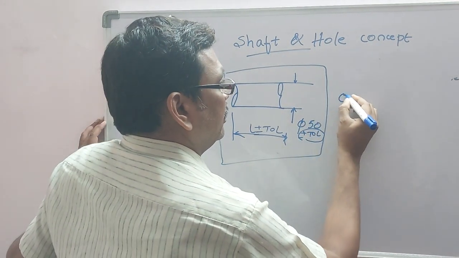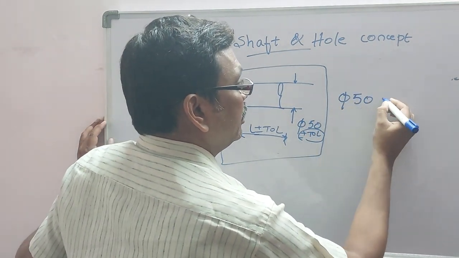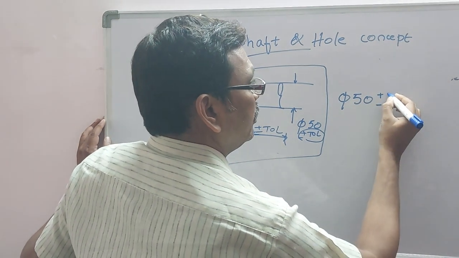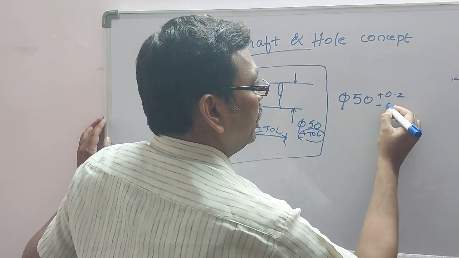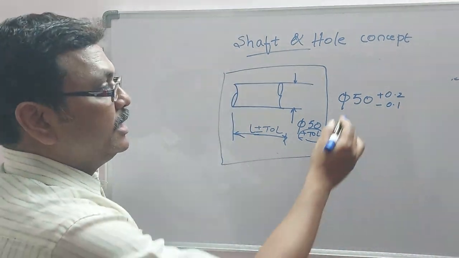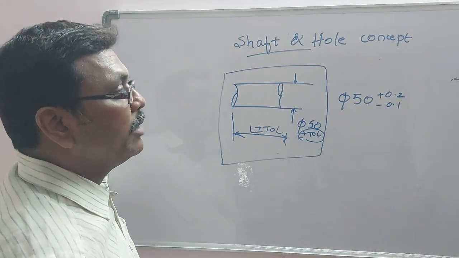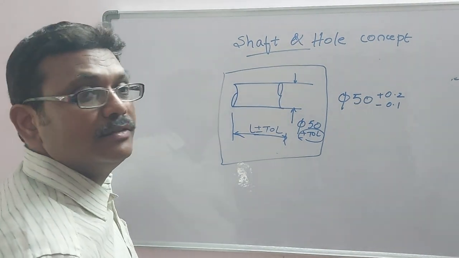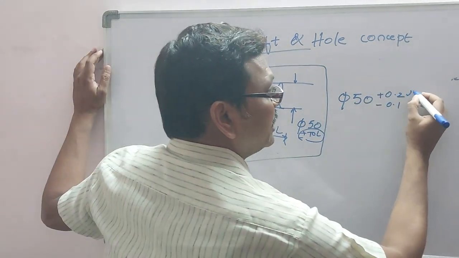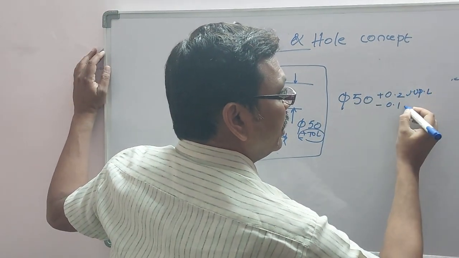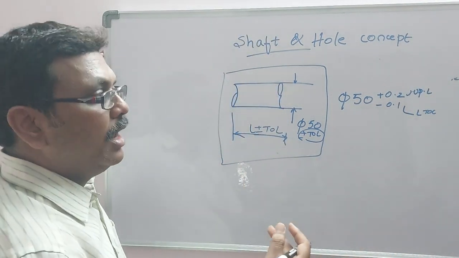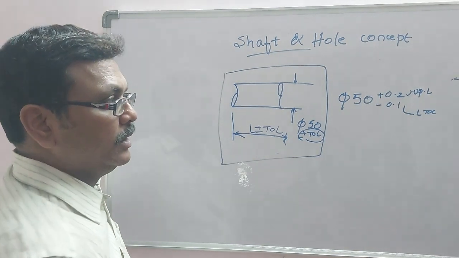See here, diameter 50, (0.2) and 0.1. I have given this as an example of a diameter 50 shaft with tolerances of 0.2 and 0.1. This is called the upper tolerance limit, and this is called the lower tolerance limit, or upper tolerance zone and lower tolerance zone.